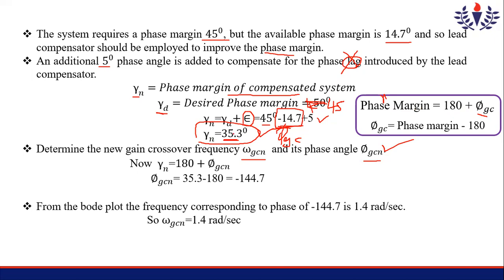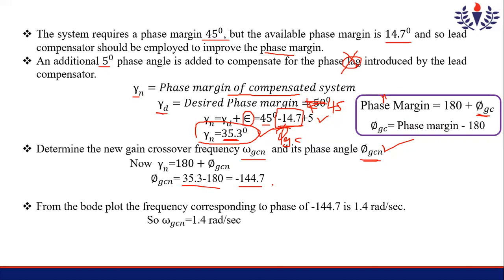Our phase margin is 35.3, so substituting it gives phi gcn, which equals the phase margin minus 180. So we get minus 144.7.